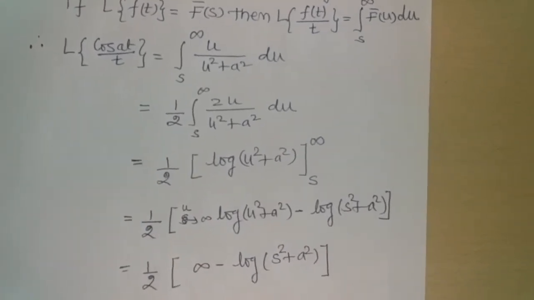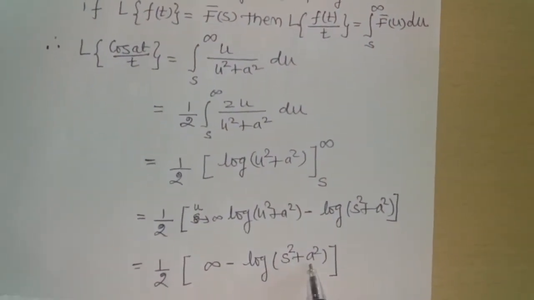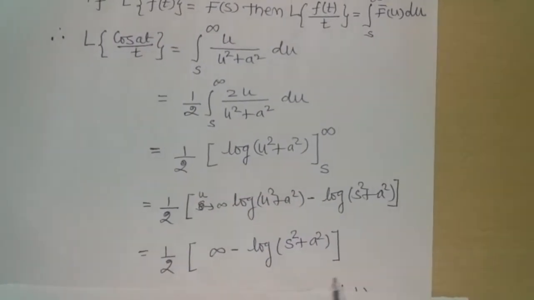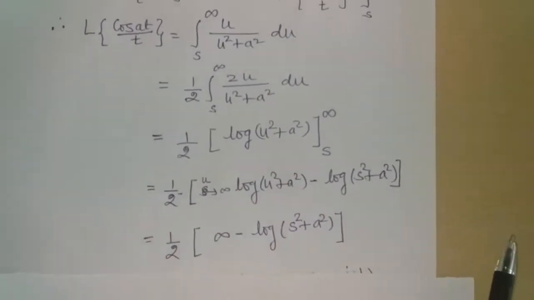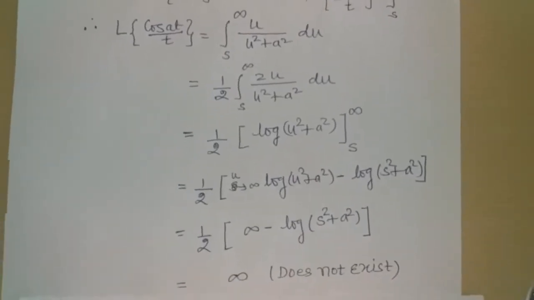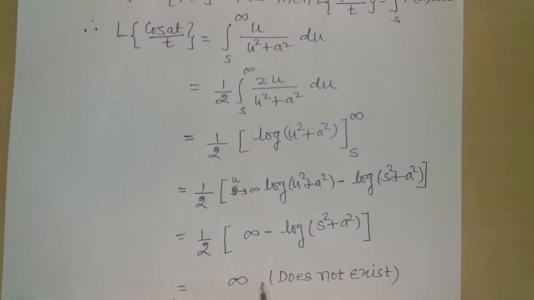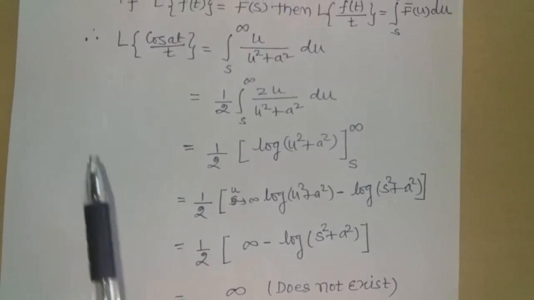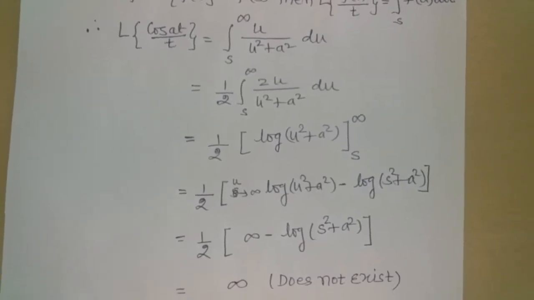So we get 1 by 2 times infinity minus log of s square plus a square. Infinity minus something is infinity, and divided by 2 is again infinity. So the Laplace transform of cos at by t is infinity. That means the Laplace transform of cos at by t does not exist.